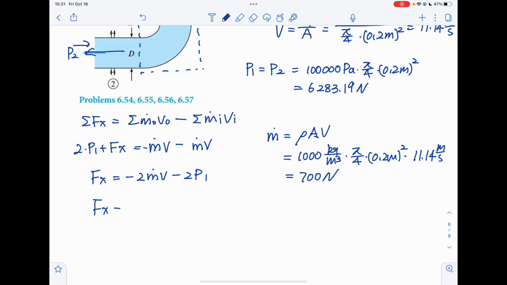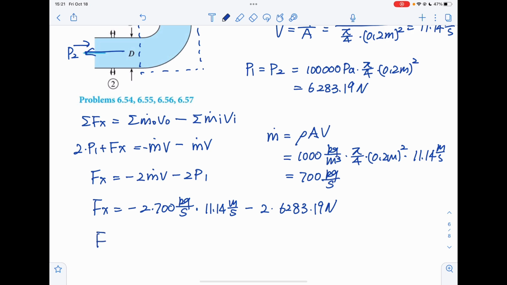So Fx will be negative 2 times 350 kilograms per second times the velocity, 11.14 meters per second, minus 2 times 6,283.19 Newtons.